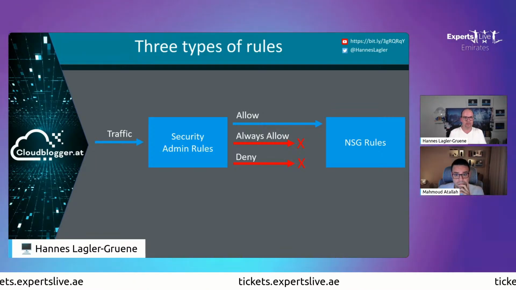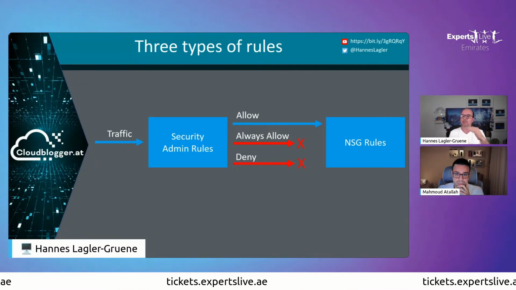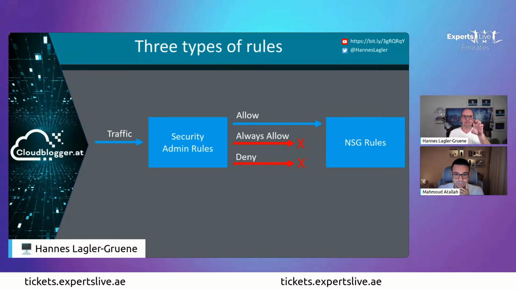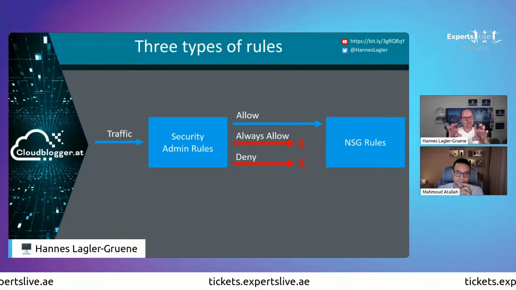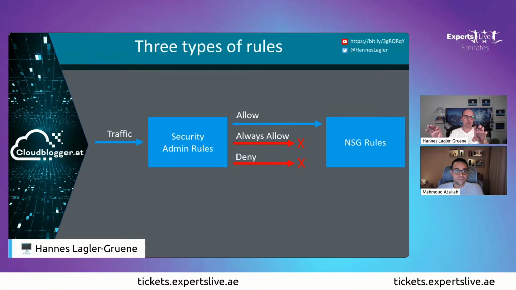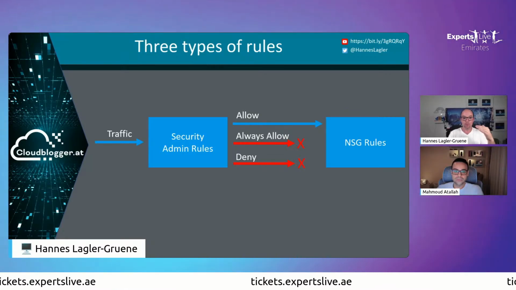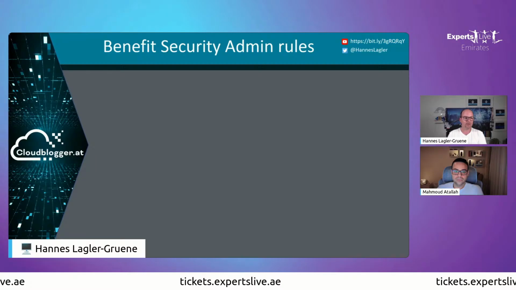It's not bound to a subnet. It's not bound to a network interface. It's bound to the virtual network. And the next layer is the network security group. So you can have both together, and you can also define your global rules, for example. So this is one of the benefits.